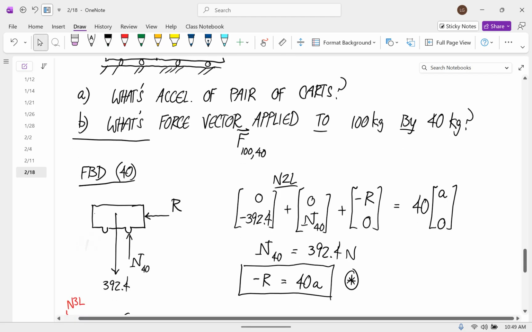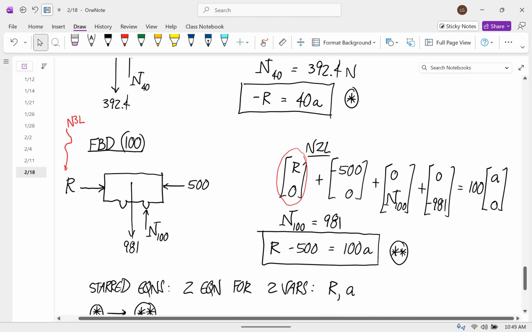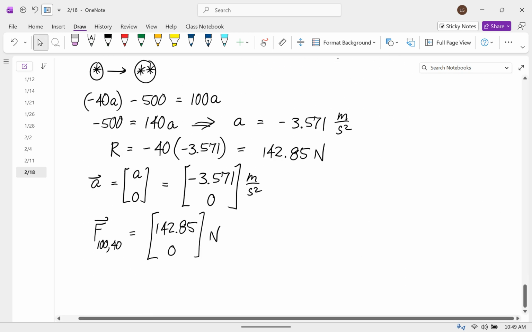Okay, so I'm going to skip the free body diagram of the 40 and Newton's second law for the 40, and go down to the 100. This is the force we want, and this is how we represented it. This is the force on the 100 by the 40. We just didn't know what R was yet. Now we can plug the R value into this vector.